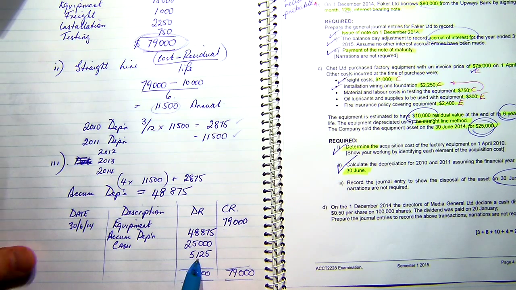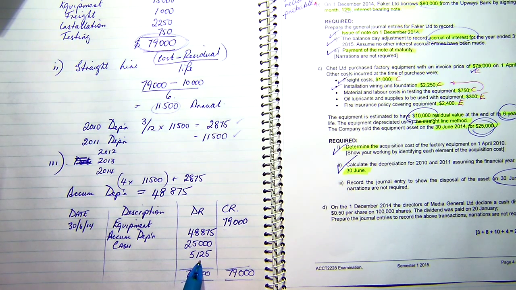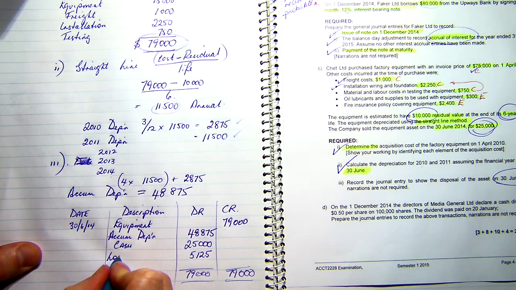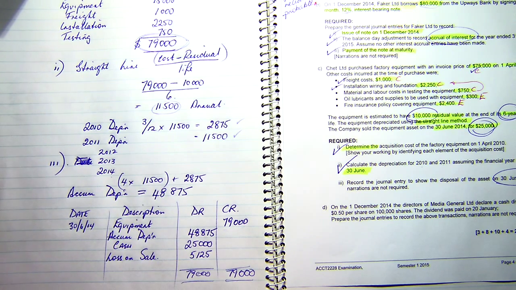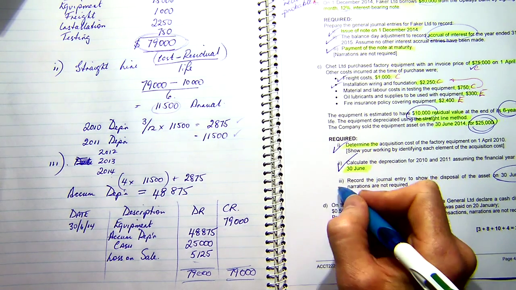Now, if I'm putting a debit in, am I making a loss or a gain on the sale of my asset? Gain, you sure? I'm making a loss on the sale. A gain would be a credit item. A gain is the same as income, so it'd be a credit item. And that takes care of number 3.